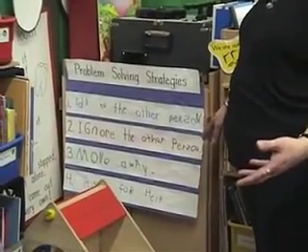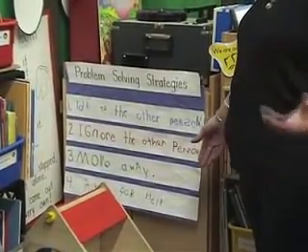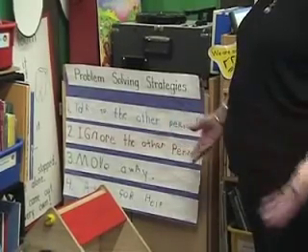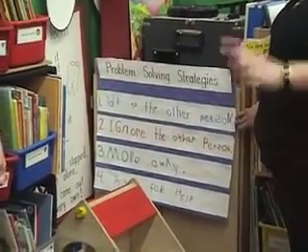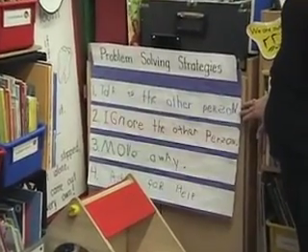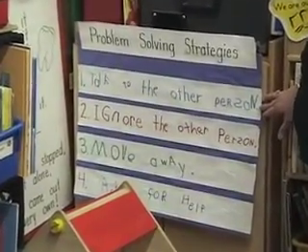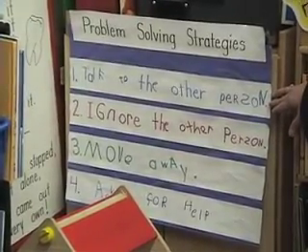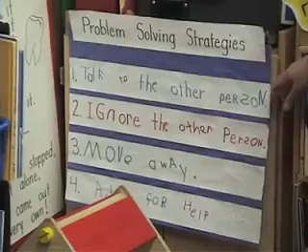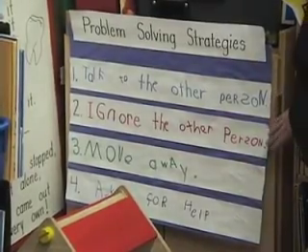If somebody keeps hitting you, you could turn and say, please stop hitting me, I don't like it when you do that. It also lets children know that they can take the initiative and that they don't need to come to me first, that there are things that they can do to help solve their problem.